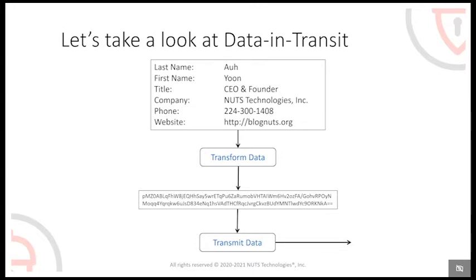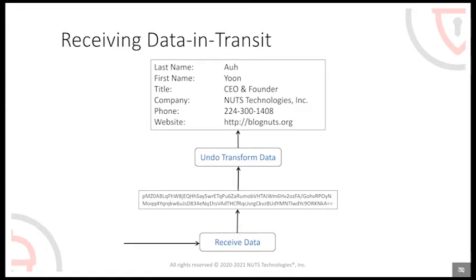Turn it into a bit string, and then we start physically transmitting the data. Once we receive the data, we get this bit string again, and then we must undo whatever we've done to the data in exactly the right way, in exactly the backwards way with the right settings in order to recover the original structured data.